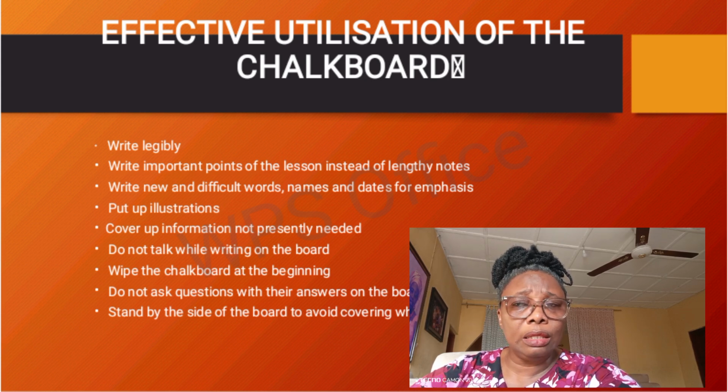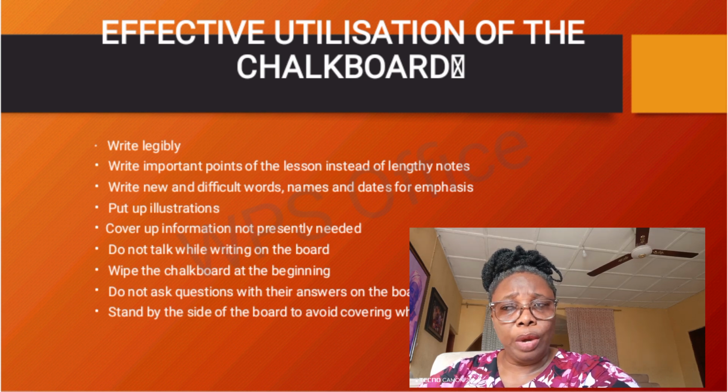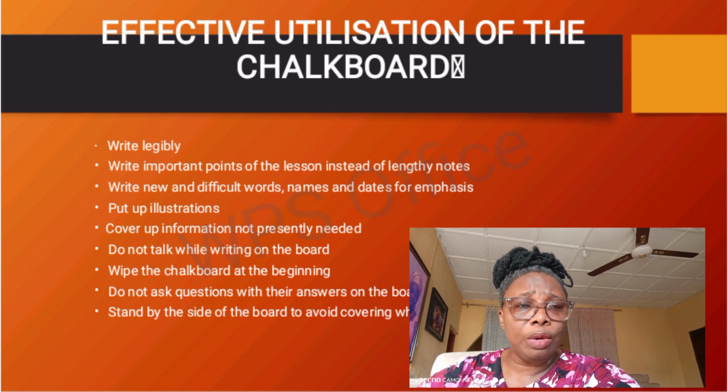Do not scribble things on the board for your learners because they can't decipher what you write there. Write important points, what we call the chalkboard summary. We have an illustration in this lesson, chalkboard summary, where we have a whole lesson full of work and the summary.